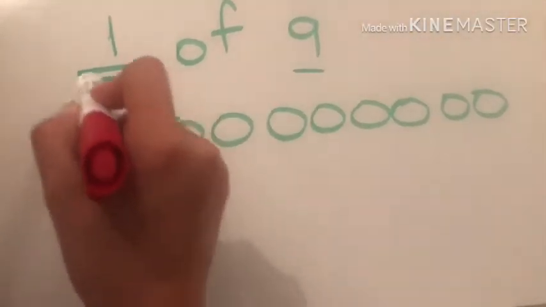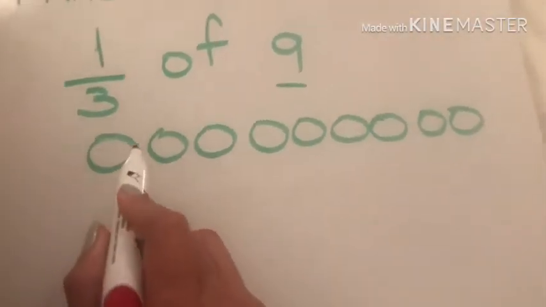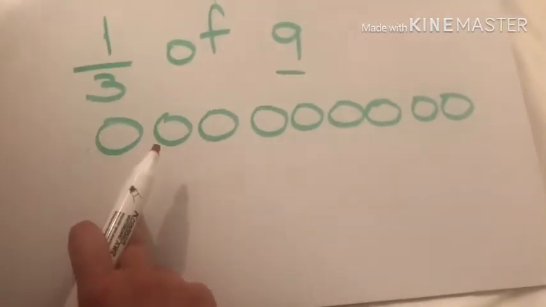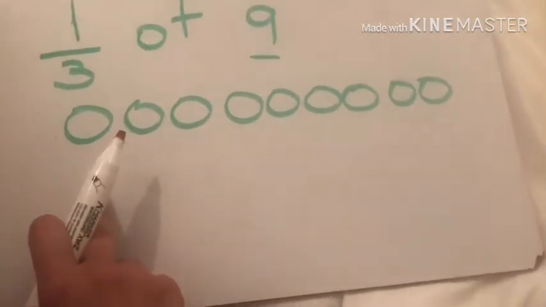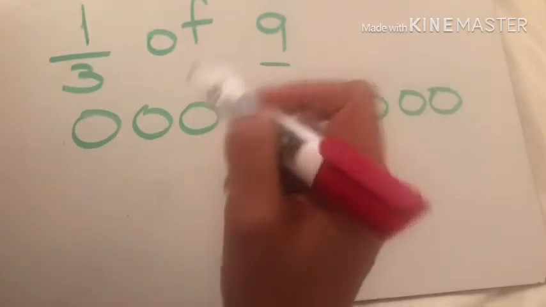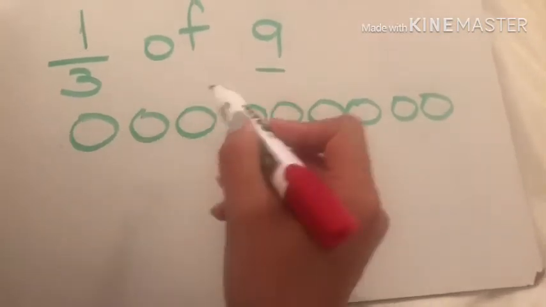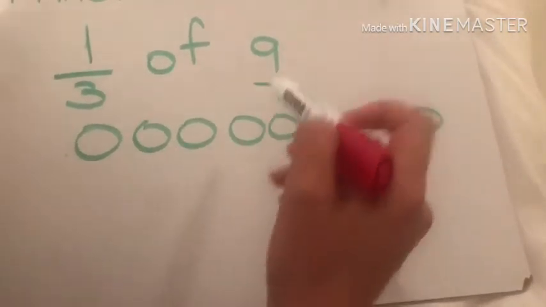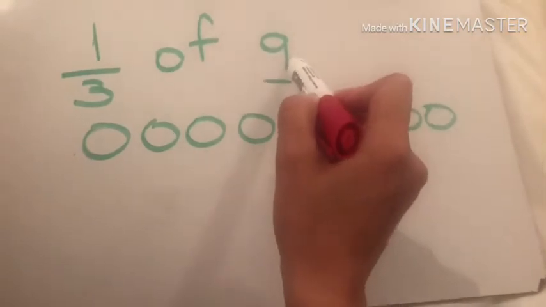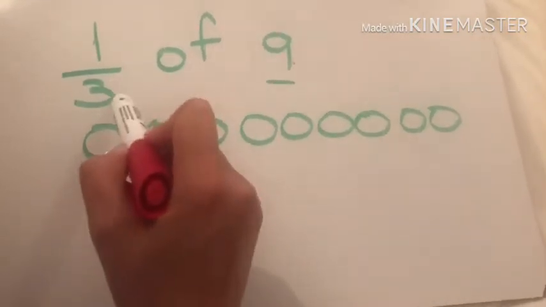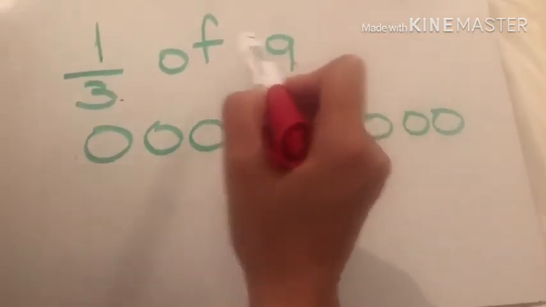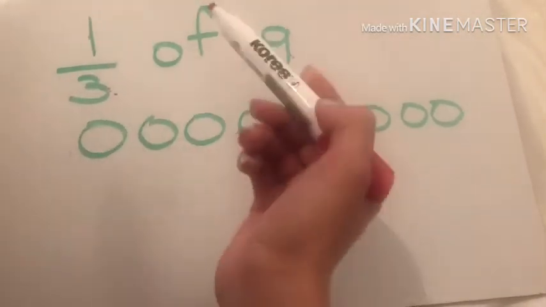And then this number is going to show me the number of groups. How many groups do I have to make out of this? So I have to make 3 groups. One way to do it and to know how many goes into each group will be to divide this number by this number. 9 divided by 3 equals 3.